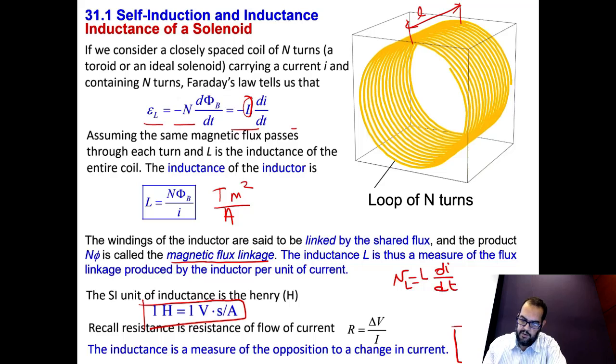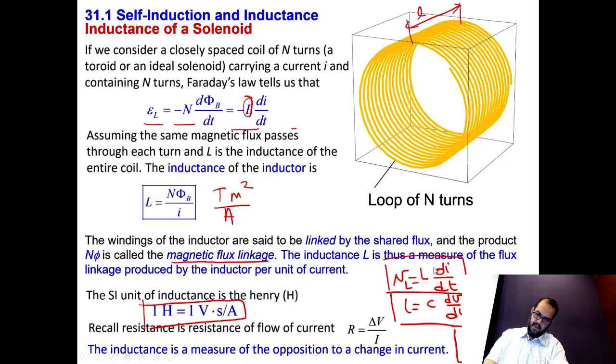We usually forget about the sign. So epsilon L is equal to L di/dt. Like I equals C dV/dt for capacitors, the voltage across the inductor is L di/dt.